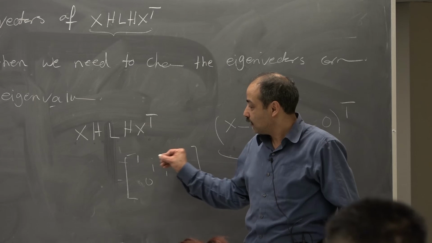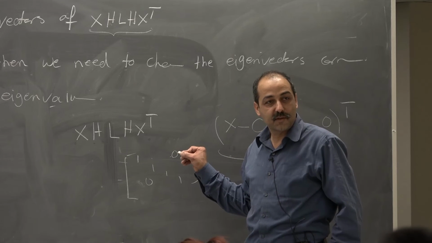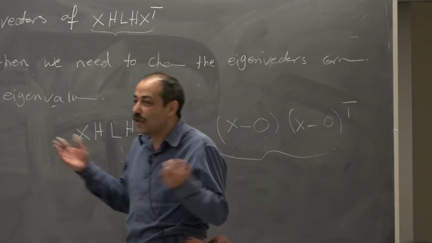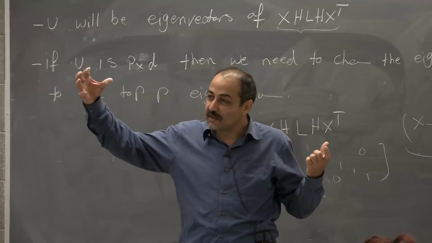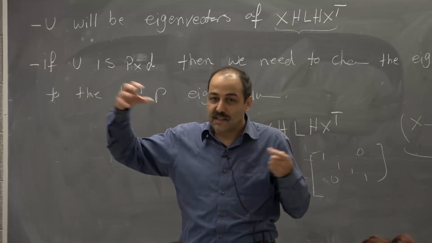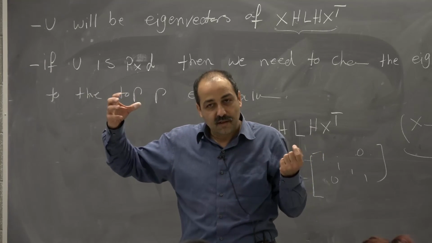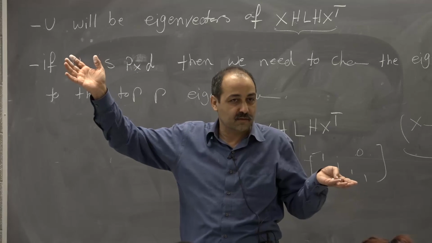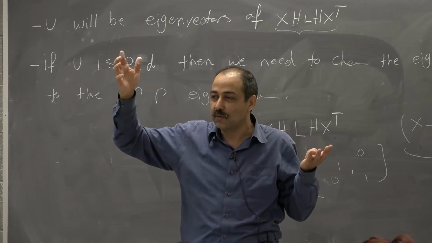But I don't know about any other point. As if I have no information about the grouping of the data. As if I don't have any label. When I have no label, I know this point is similar to itself. That's the only thing that I know. I don't know about grouping.